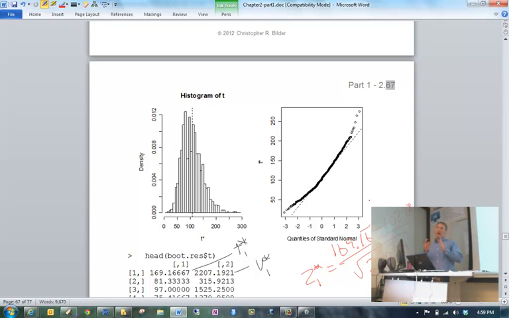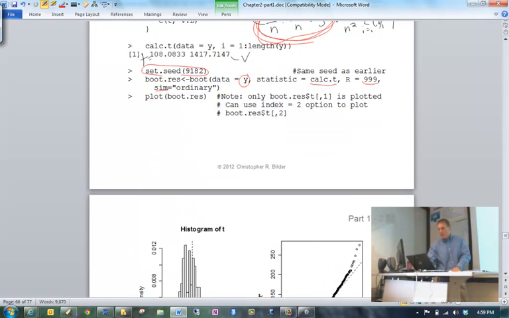The plot.boot function looks to the first index in boot.res$t. If you want this set of plots for the v part, the v star part, well then there is an option or argument that you can put in there. Say plot(boot.res, index=2).